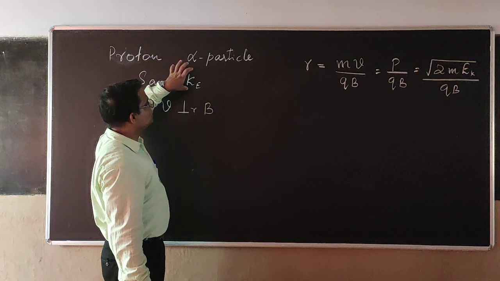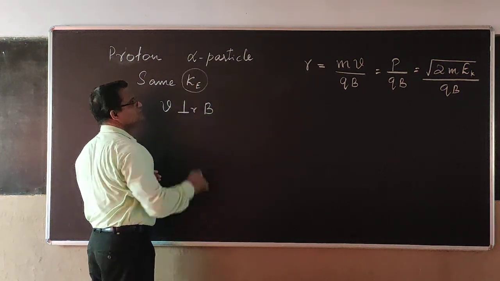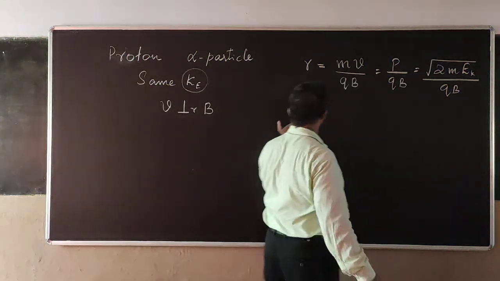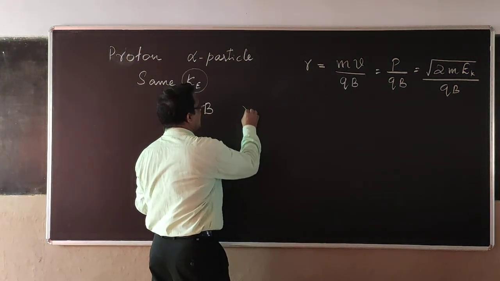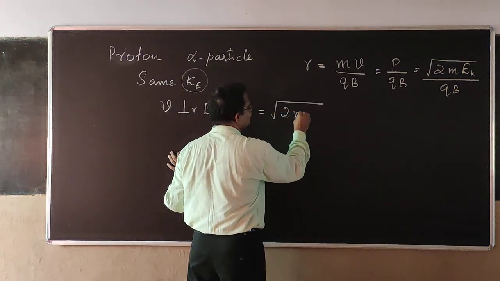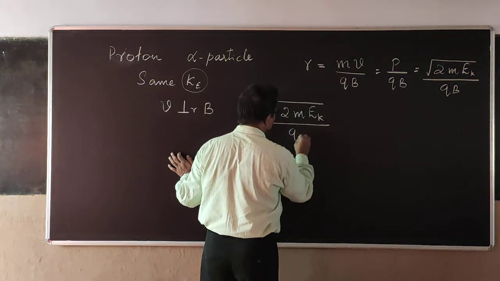Now, as the kinetic energy is mentioned, you can take the last part, that R equals root of 2 m times kinetic energy by q B.